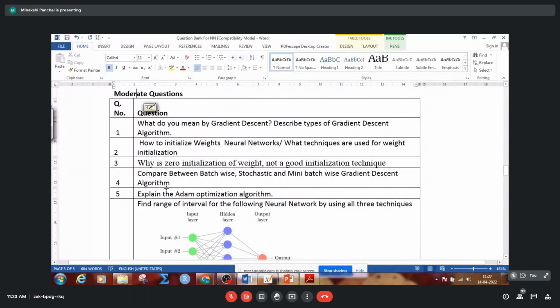Please go through it. Compare batch-wise, stochastic, mini batch-wise gradient descent. At the time of introducing all this, I have explained this part too. As I promised, today itself I will share a recorded video on the gradient descent algorithms, because for the ENTC division I told that, and for the comp division some of the students need it, so I will share this recorded video.